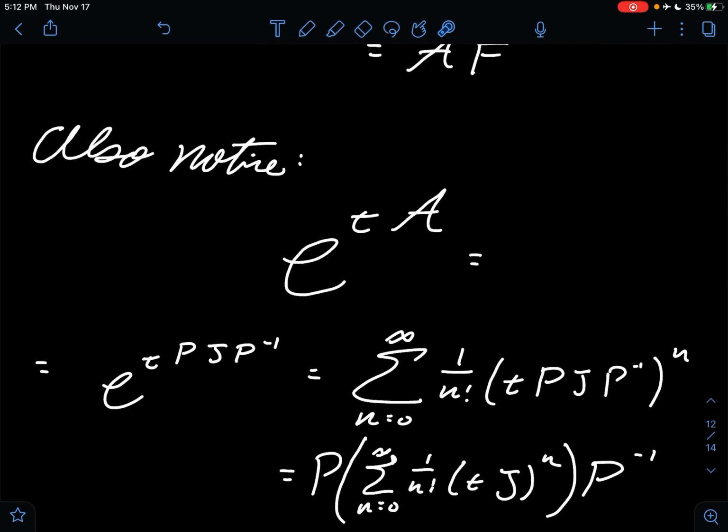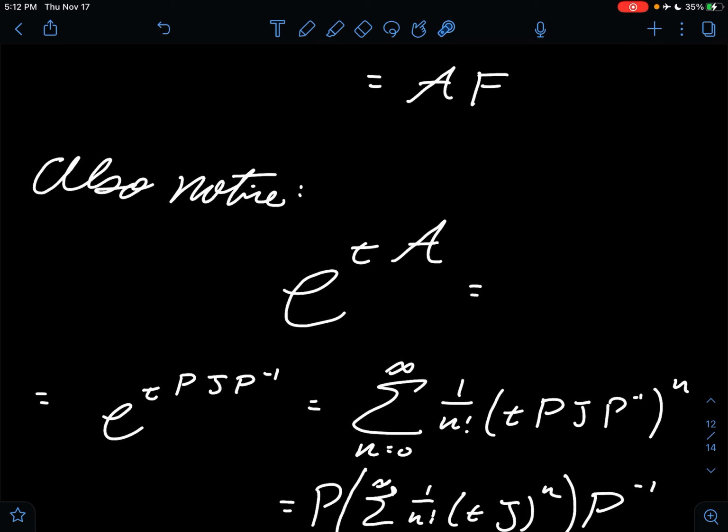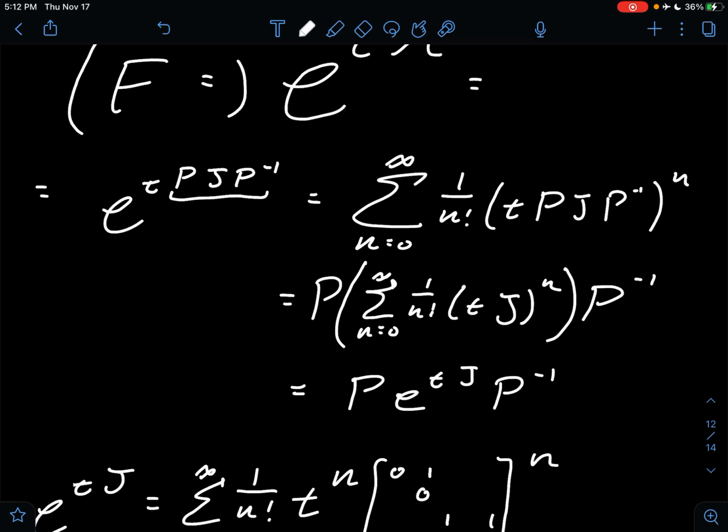So also notice, what does this have to do with matrix exponentials? Why on earth is F equal to e to the tA? Well, how do we see this? A is equal to P times J times P inverse. You guys have been through this before. What is a matrix exponential? Well, it's defined as this series.